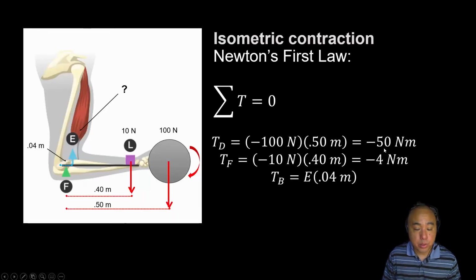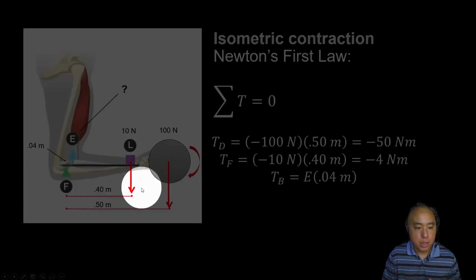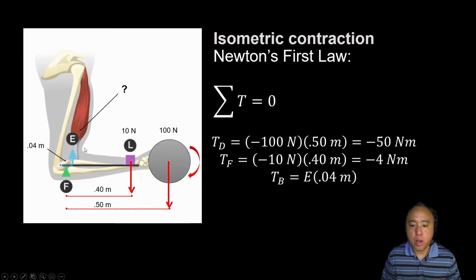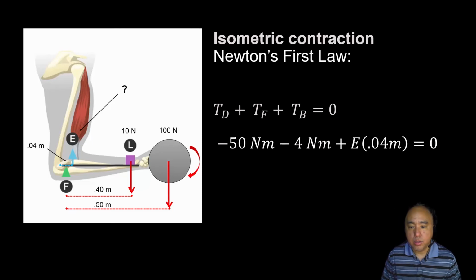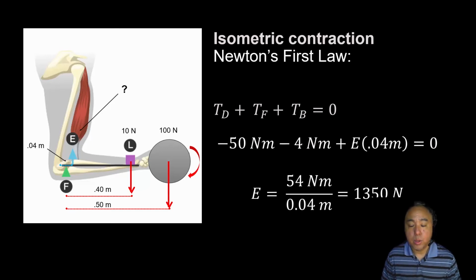The torque produced by the biceps muscle is E, which we were trying to solve, so that's just a variable, multiplied by its moment arm. So you set all of that equal to 0, and you solve for E. So in this case, negative 50 minus negative 4, put that on the other side, you get roughly 1,350 newtons.